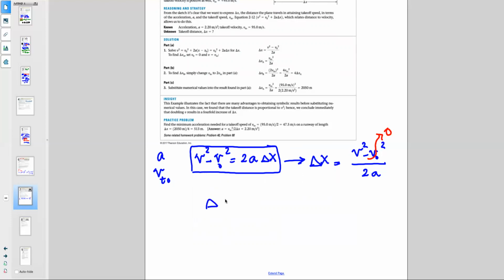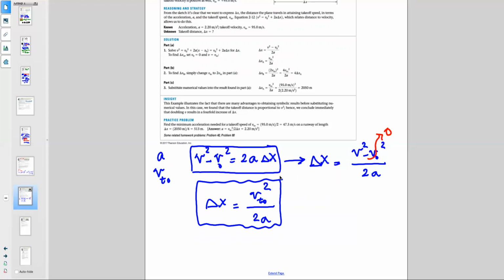Now you have delta x equals final velocity, which is given. It says takeoff speed squared divided by 2a. And that's our symbolic answer, really. If you want to find a based on a number, that number will be given to you, okay? Which is exactly what's happening in part C, okay?